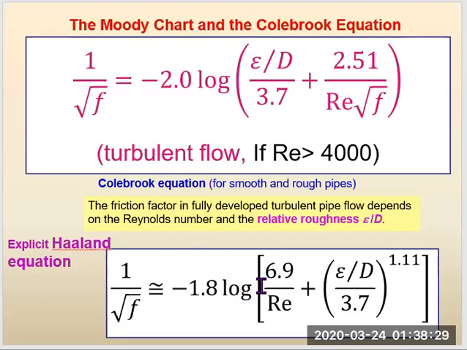Negative 1.8 times log of 6.9 over Reynolds number, so you need to calculate the Reynolds number, plus epsilon over diameter divided by 3.7, all to the power 1.11. Here, D is diameter, obviously.